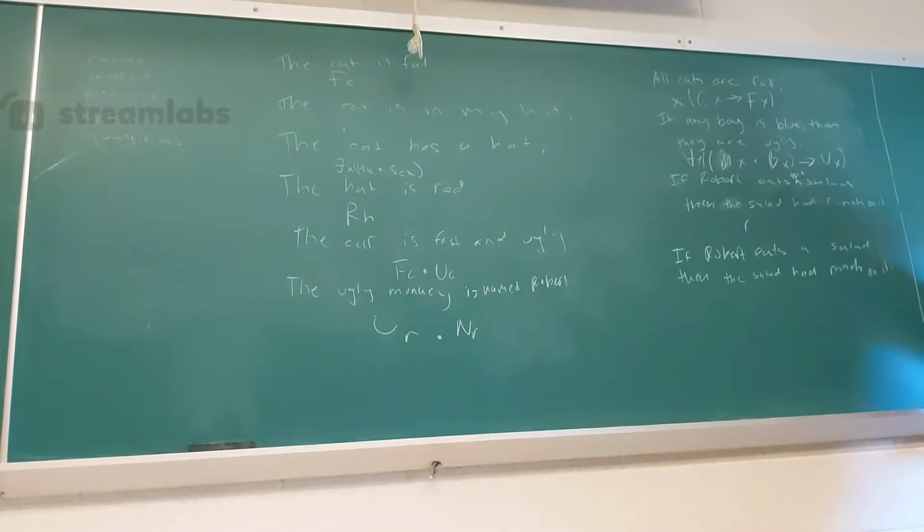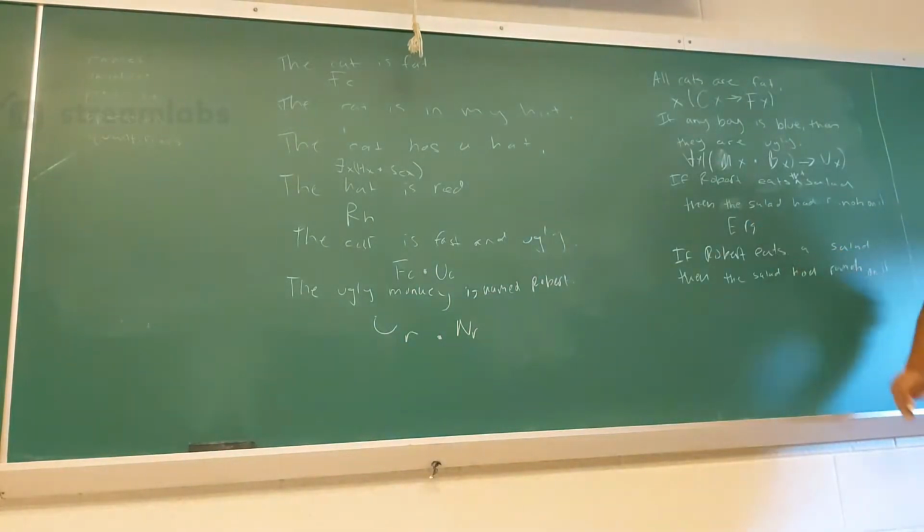How would we represent that? Sure, let's have E for eat. Well, but what's he eating? The salad. Is the salad particular or general? Particular. I'm talking about that salad. The salad, that one. Let's say S for that salad.